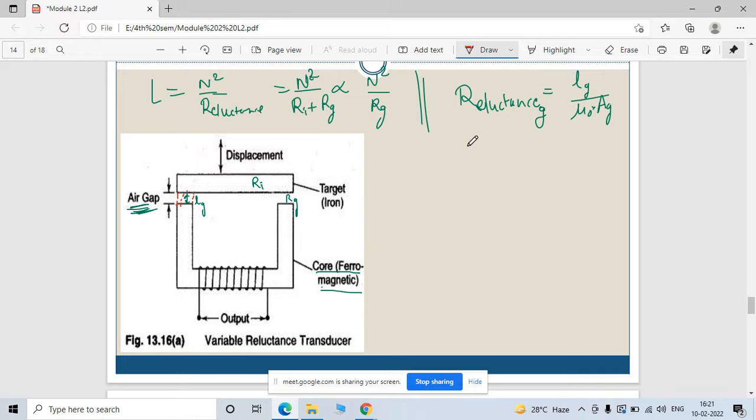Lg is the length of the air gap, Ag is the area of the flux path through the air gap, and mu zero is the permeability.